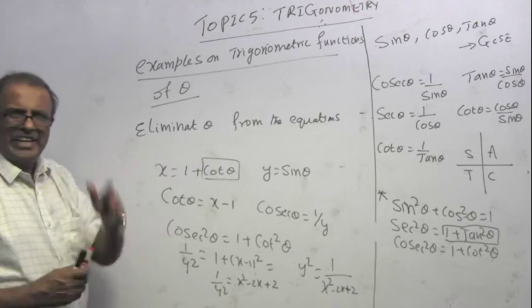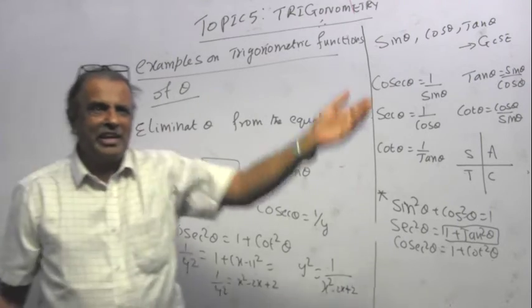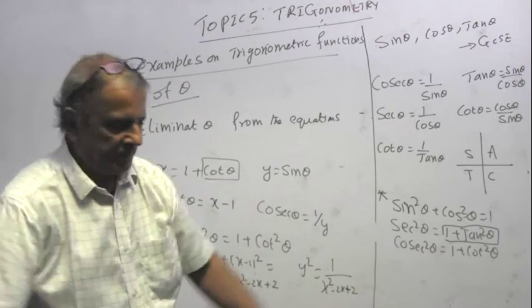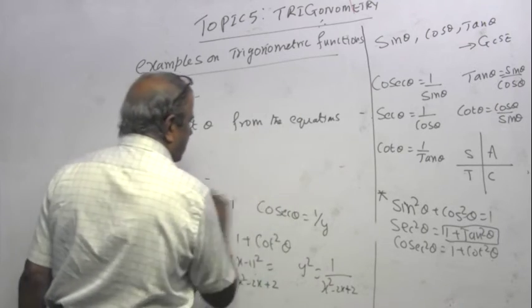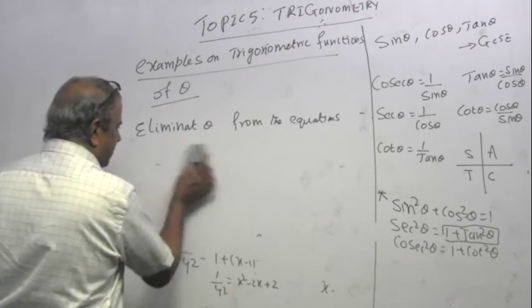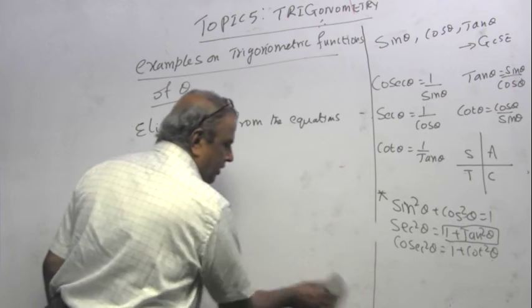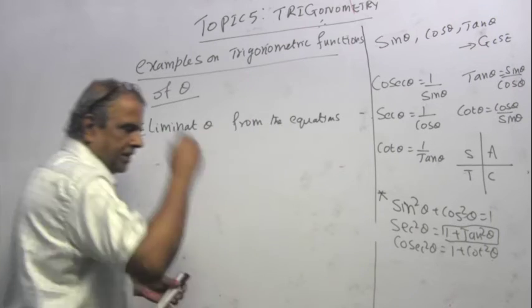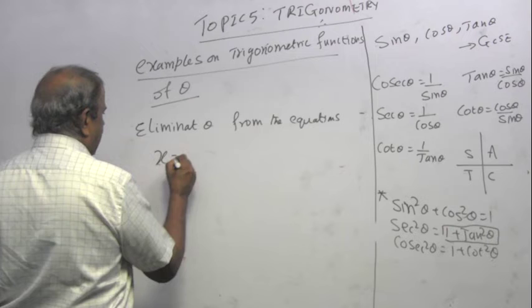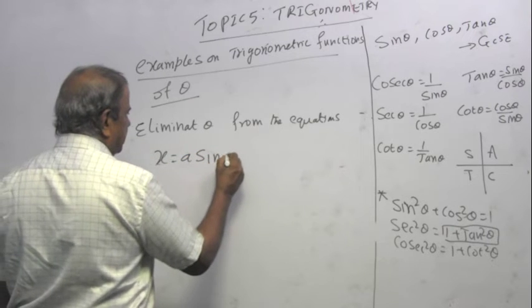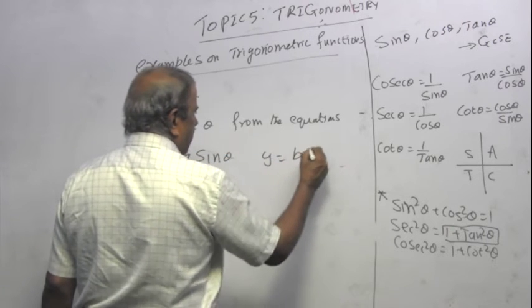This is the harder one. Generally, it will be x equal to a sin theta, y equal to b cos theta. Let's take that example and finish it. Which is a standard example, which for the math students, when you do coordinate geometry, you will come across. X equal to a sin theta, y equal to b cos theta.